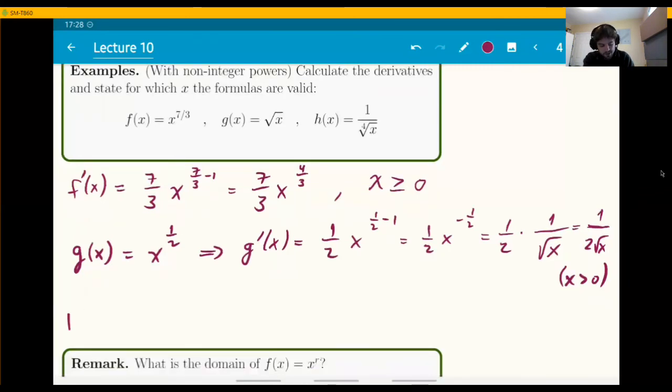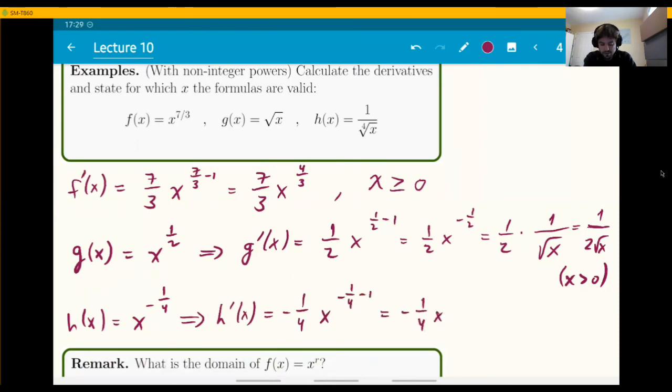The last one, h. h is 1 over the 4th root. That's the same thing as raising to minus 1 over 4. 1 over 4 for the root, and minus because it's in the denominator. So the derivative will be minus 1 over 4, x to the minus 1 over 4 minus 1, which is minus 5 over 4.